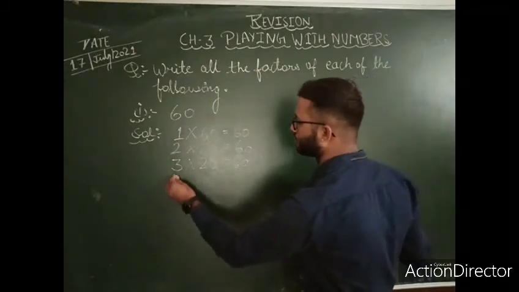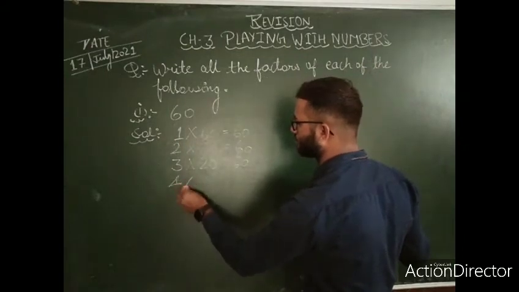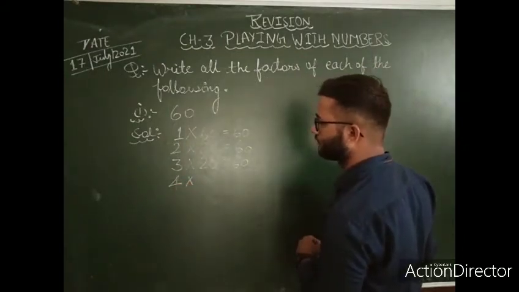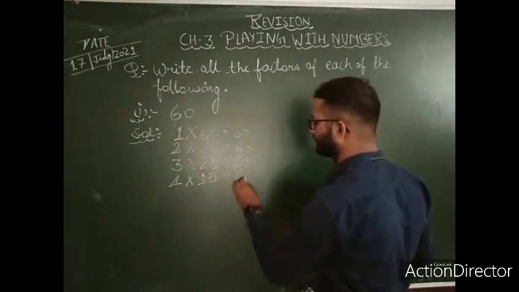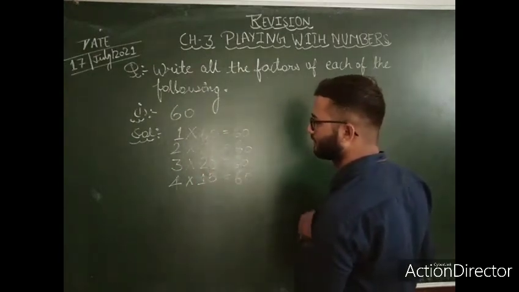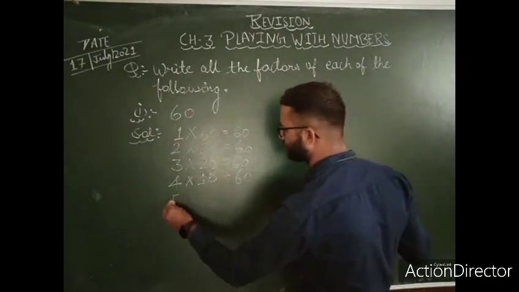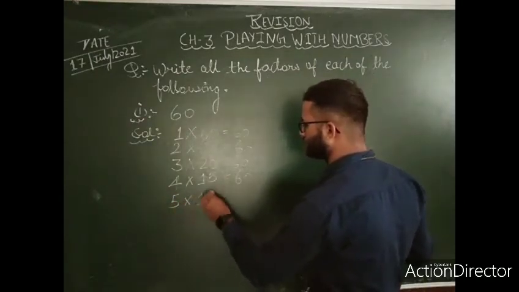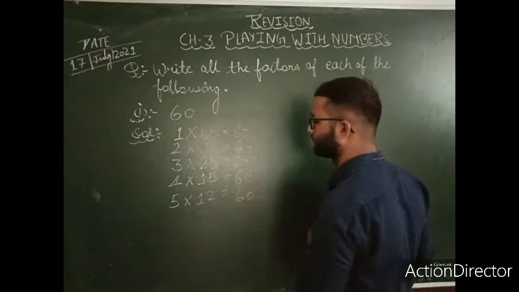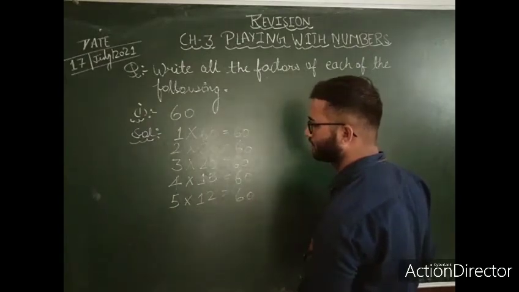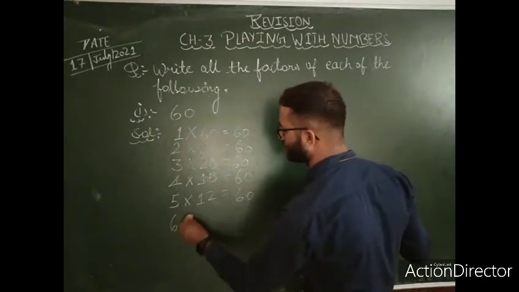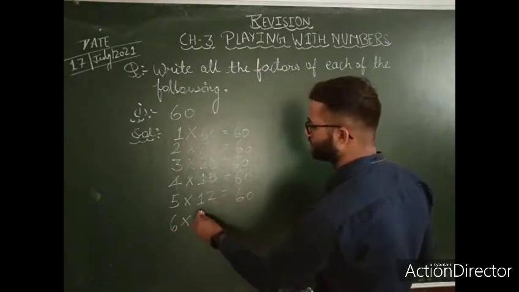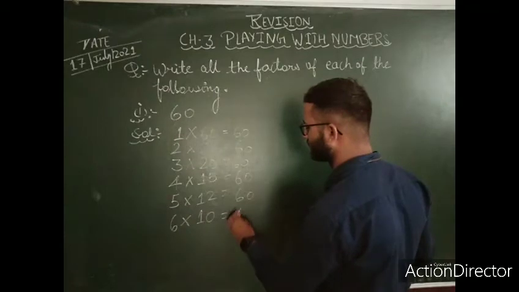Now 4, 4 15s are 60. Next 5, 5 12s are 60, and now 6, 6 10s are 60.